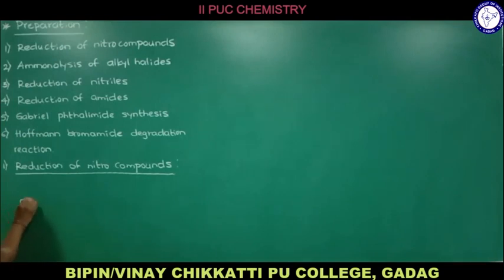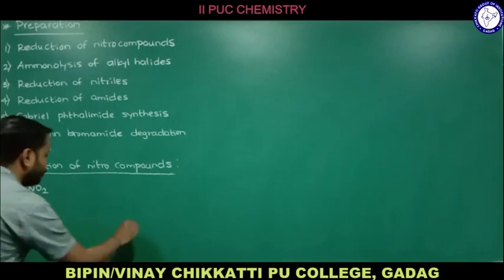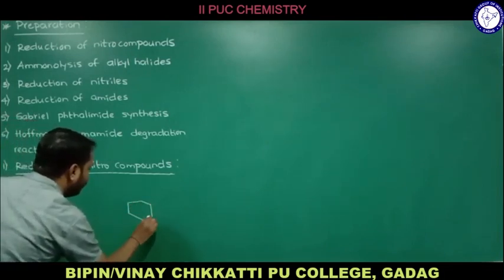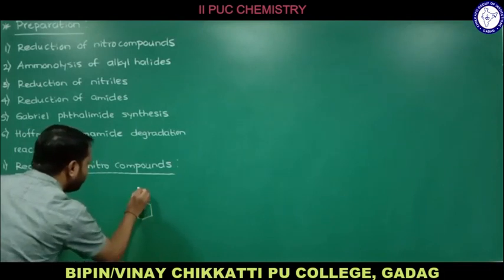So here I am going to consider one example. This will be the reactant I can consider, and I hope the name of this reactant is nitrobenzene. So what I am going to do now, nitrobenzene, I am going to convert into the benzene ring with the group NH2.